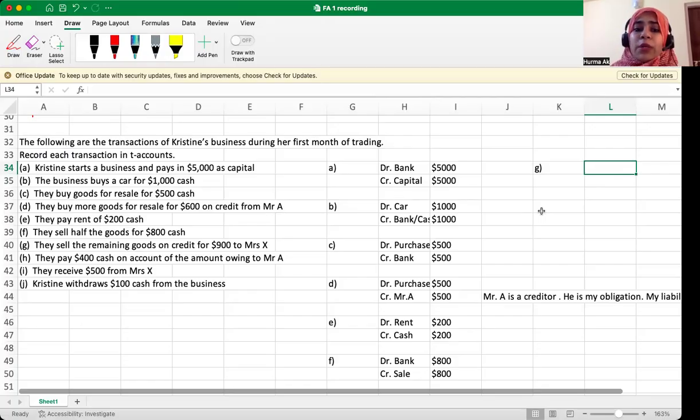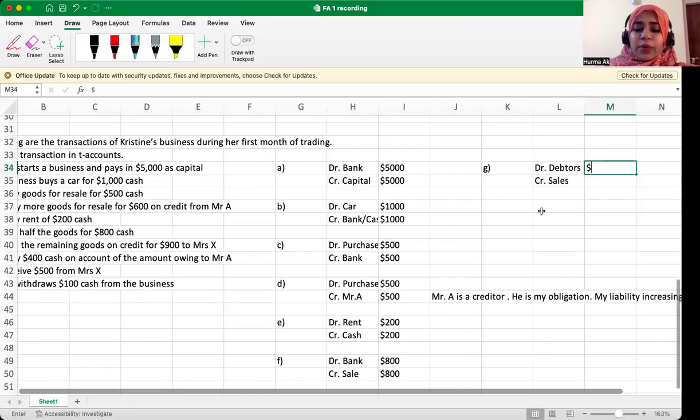But for now, we need to understand there's a term for such customers to whom we have sold goods on credit. They are called debtors, right? So we debit debtors because debtors are our assets, which is increasing here, and we credit sales. That's for 900.